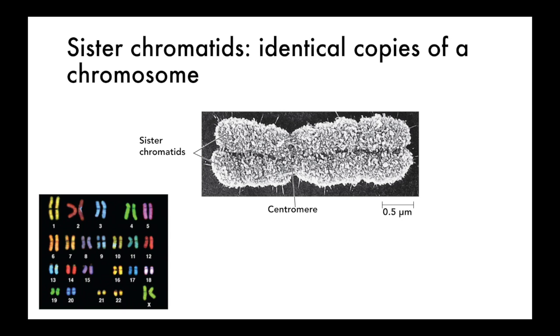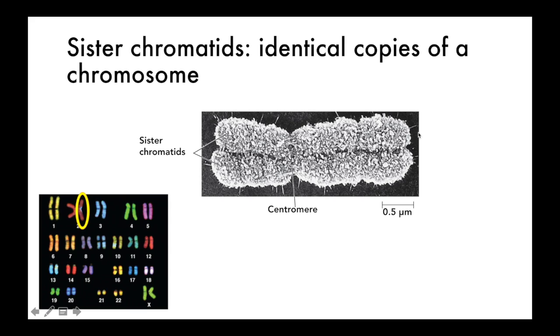So sister chromatids, to get back to the original question, are identical copies of a chromosome. So if we were to look at, say, this chromosome here in this image, if I were to blow that up and show it to you here, what you'd see is that you've got each of these things in this sort of X-shaped structure here.